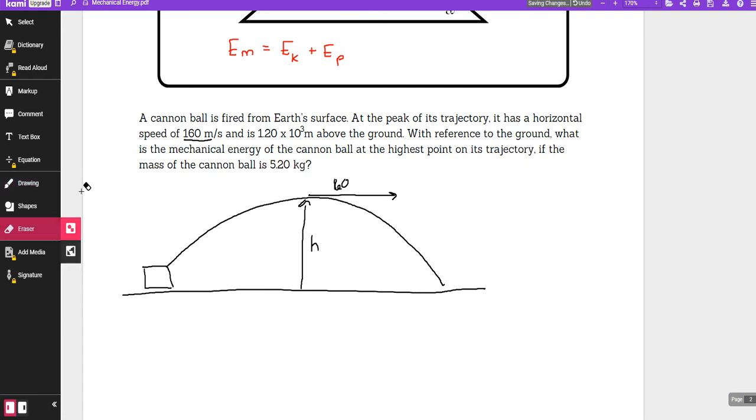Let's try that again. 160 meters per second, and this height is equal to 1.20 times 10 to the 3 meters above the ground. And then we have our h, we have gravity, and we have a mass.